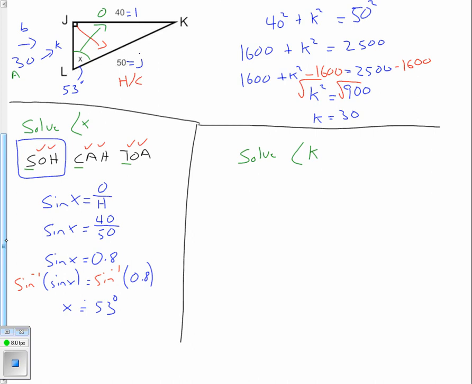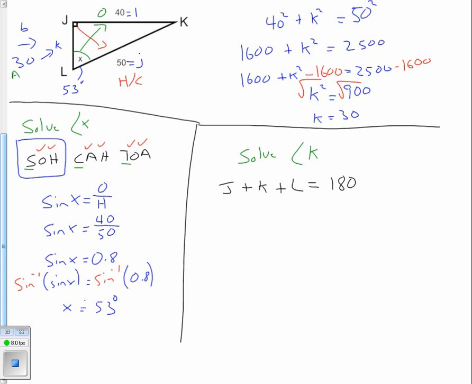We actually have two of the angles of a triangle. We know from our earlier experiences that when you add up all three inside angles of a triangle, it equals 180 degrees. So we could say that angle J plus angle K plus angle L are all equal to 180.